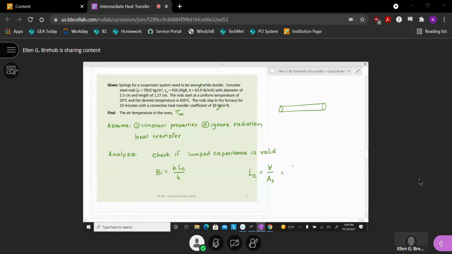So volume, pi d squared over 4. So that gives me cross-sectional area and then my length L. And surface area is going to be pi d L.